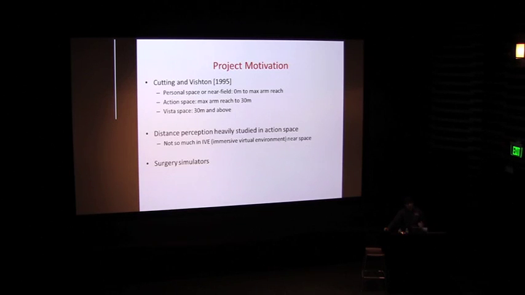Within your personal space or near field, in these close quarters, you can interact with objects in a natural manner and affect changes directly. And then you have action space, an extension of your maximum arm reach to about 30 meters or so.